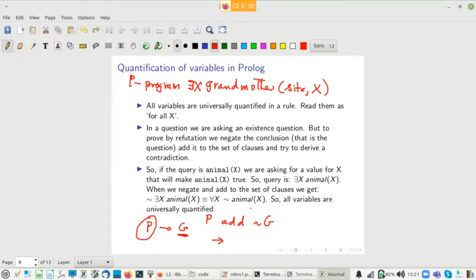The query is, there exists an X such that grandmother Sita X. You have to negate it because you have to add the negation of that to the program. So P union negation of G. G is there exists X grandmother, so it's the negation of there exists X grandmother. Let me just write it as Gn, Gn Sita X.